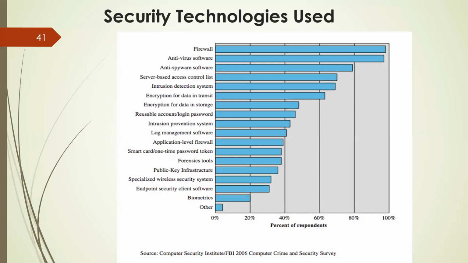These are the most common ways of securing our networks. The most common are firewalls. Nearly 100% of those organizations had firewalls.